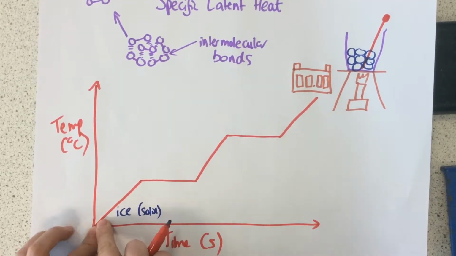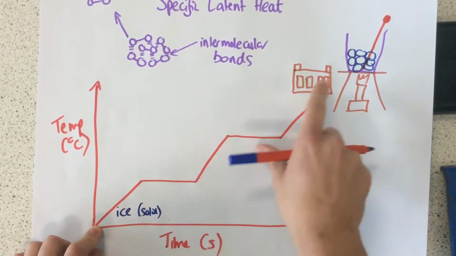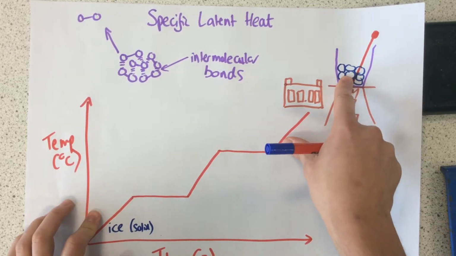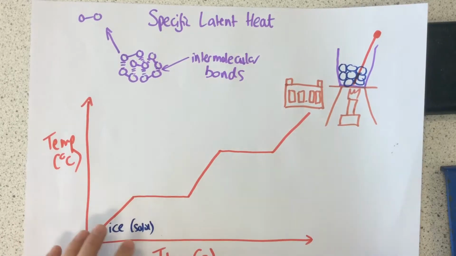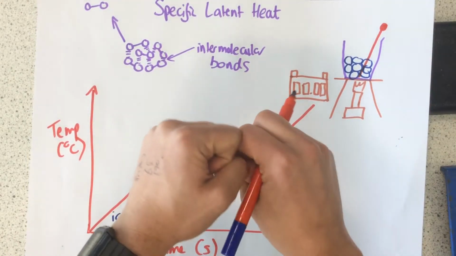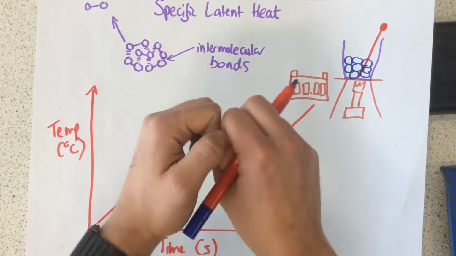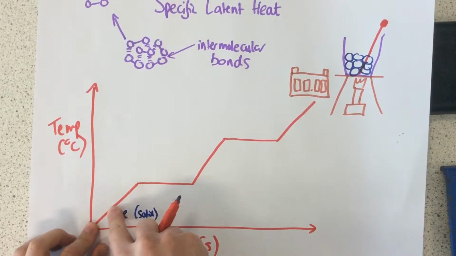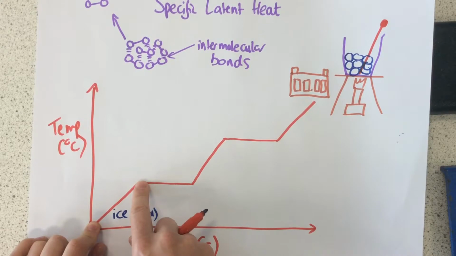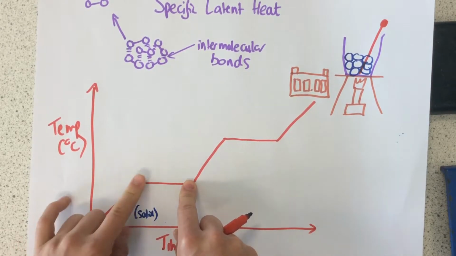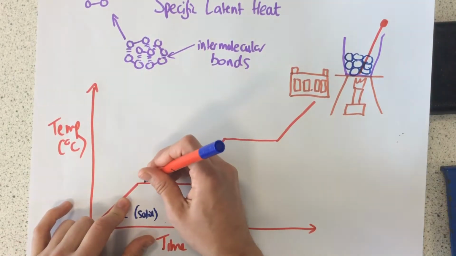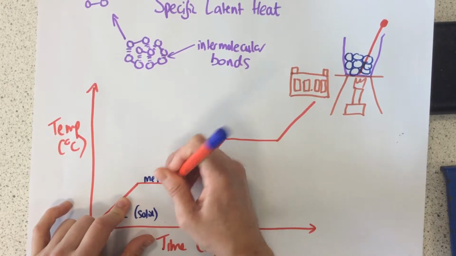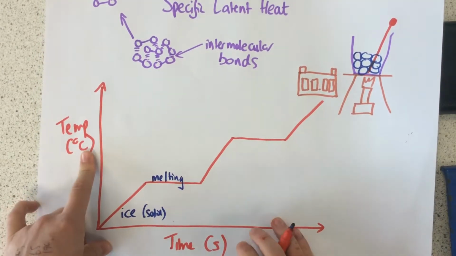So when I'm heating up the solid, more energy is going into the kinetic store of these particles because they are vibrating more. The more energy we give them, the more that they vibrate. Therefore, the temperature increases. Now, this is the bit that's a little bit strange. As the ice starts to melt, we do not have a temperature rise.